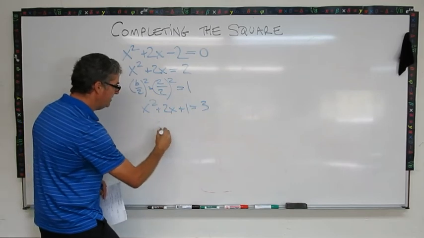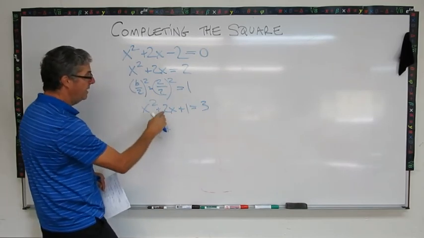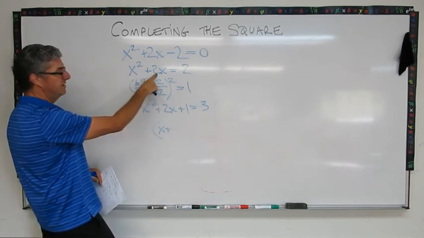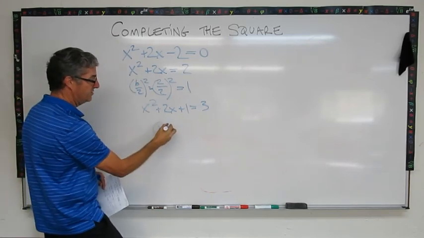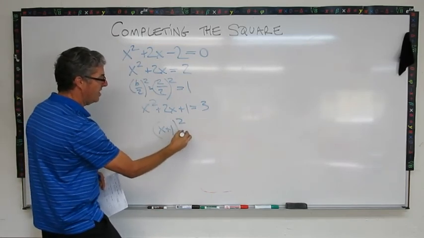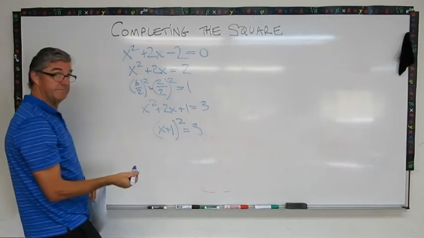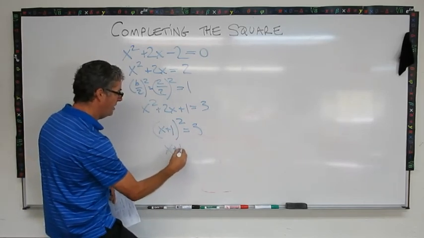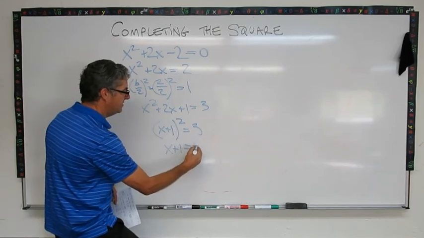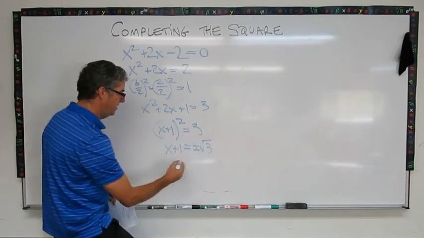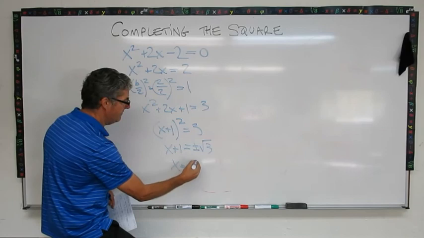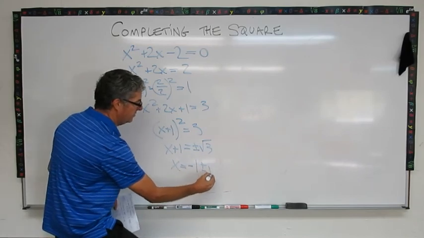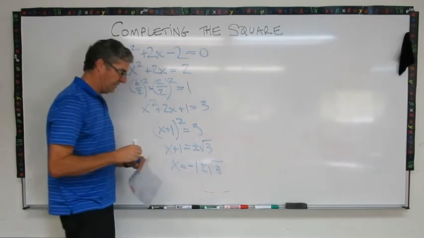It's going to be x plus b over 2. 2 over 2 is 1 squared equals 3. Okay? Take the square root of both sides. X plus 1 equals plus minus root 3. X equals negative 1 plus minus root 3.